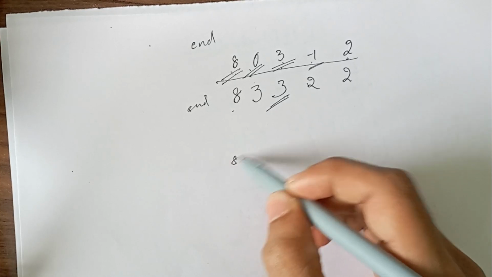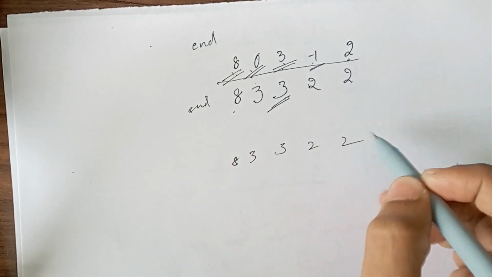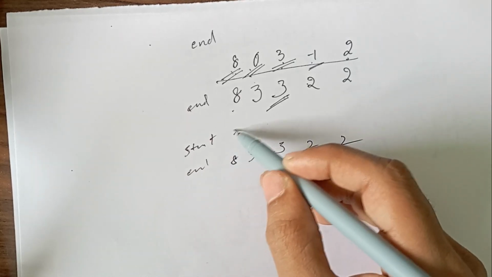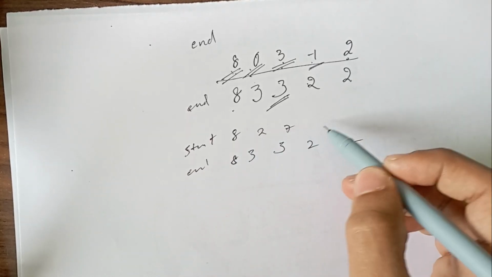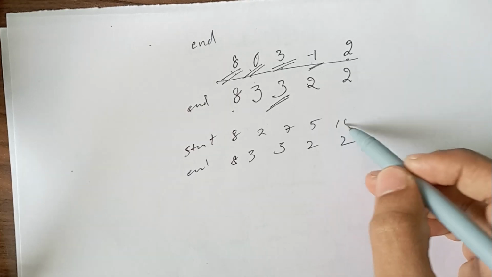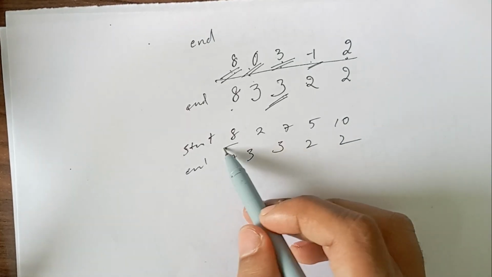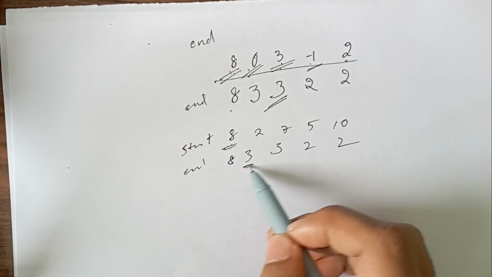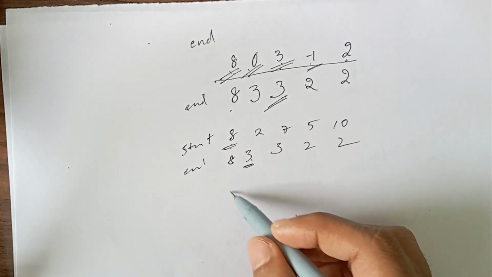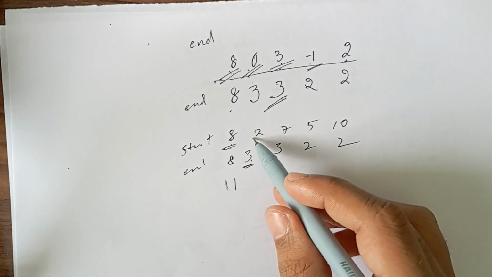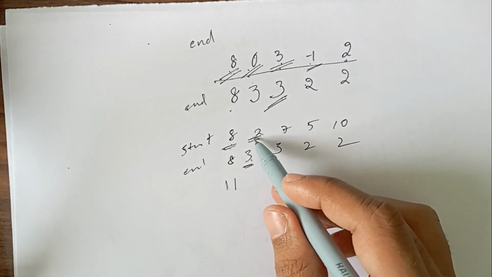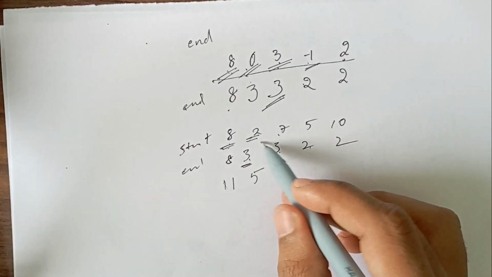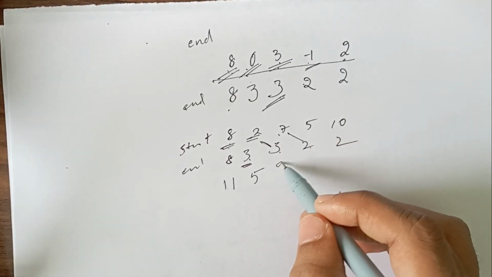Now, if I write this below, the start is 8, 2, 7, 5, 10. Now, coming from this i, if you consider the next end, it will be 8 plus 10. For this, it will be 11. Now, we are here. 2 plus 3 will give us 5. 7 plus 2 will give us 9.